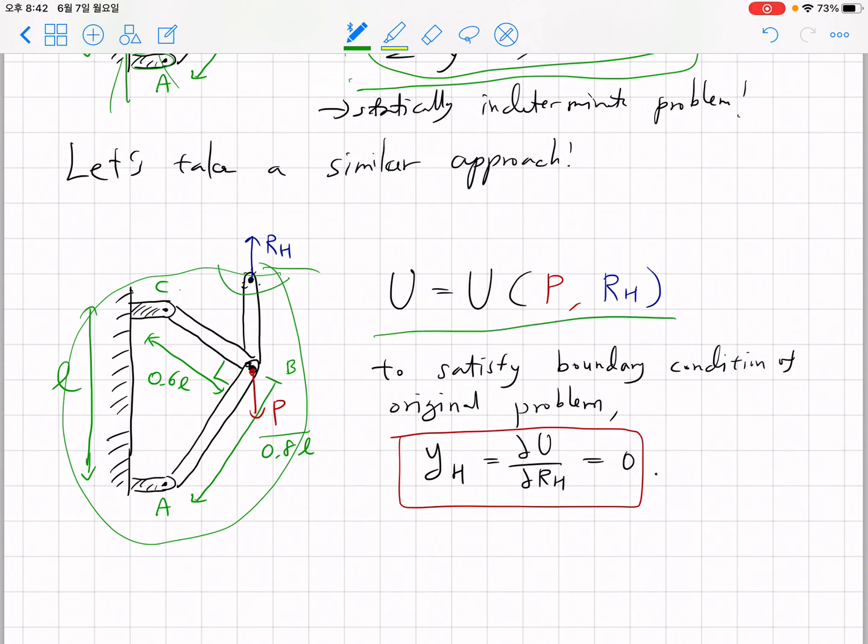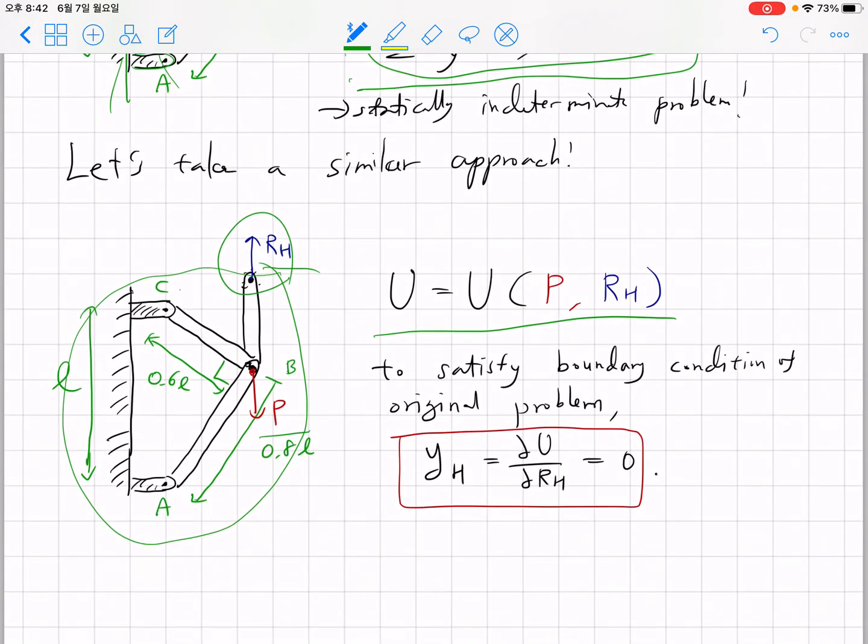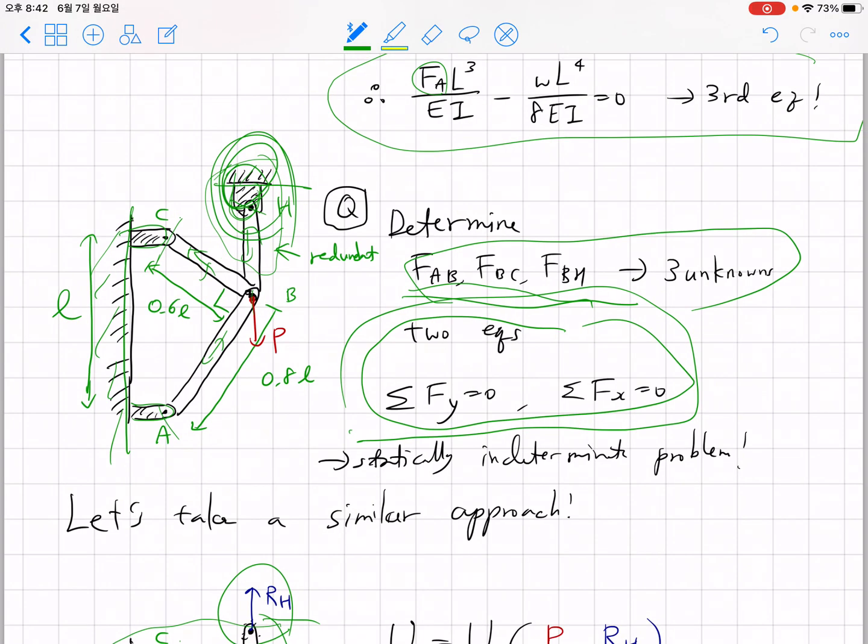Because the top point is constrained to a rigid structure, you can say that YH, which can be defined as partial U over partial RH, is 0, and it will give you the third equation. After having the third equation and using the first and second equations together, you can obtain the values for FAB, FBC, FBH in terms of P.